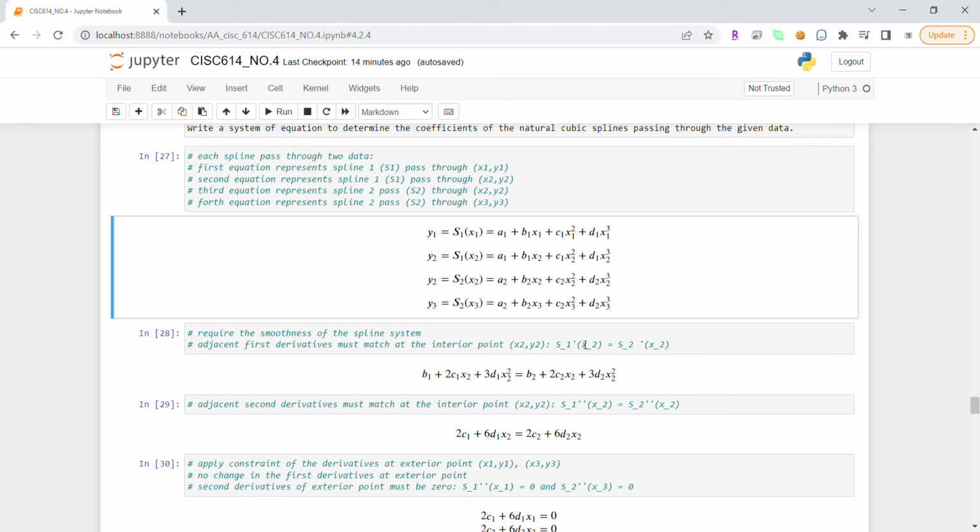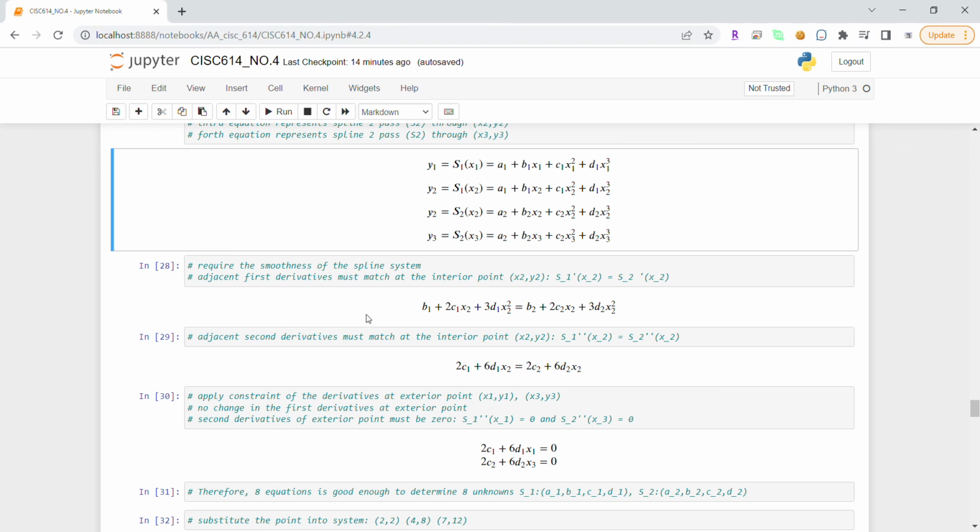So we take the first derivative of the two models at point 2, and we have this equation. The next constraint is that the adjacent second derivatives must match at the interior point x2. So we take the second derivative of models 1 and 2 at the interior point x2, and we have this equation.